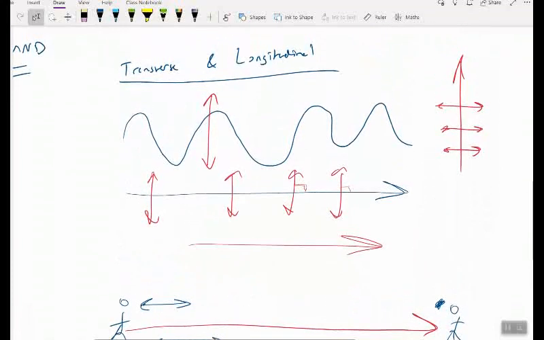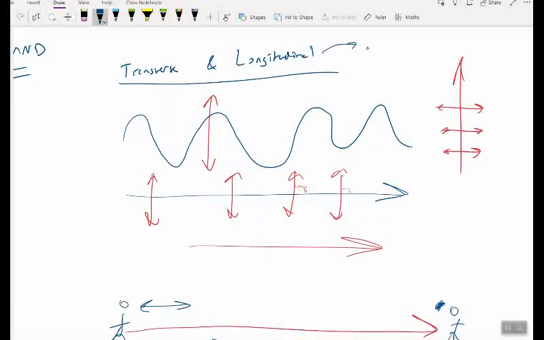You need to know some examples of these. So longitudinal would be sound is a longitudinal wave. Okay, and there would also be some types of seismic waves as well, so some types of earthquake waves. What about transverse? Transverse would be all of our electromagnetic waves that we'll cover in a later video, all of them, light and infrared, etc. Think of also ripples on water would be transverse.